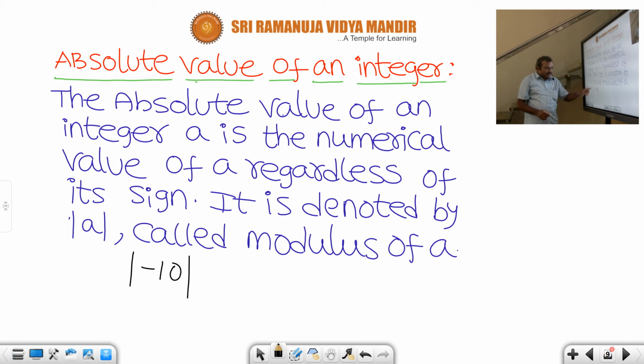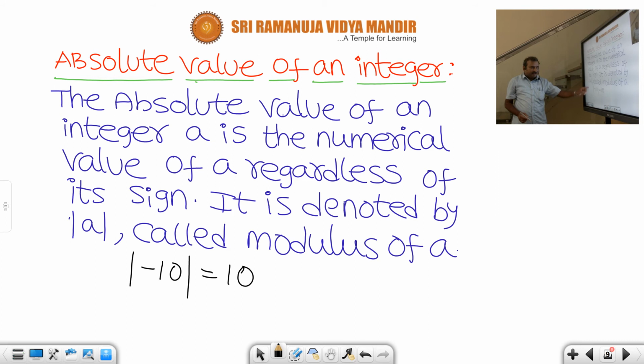This is called the absolute value of -10. Absolute value means you only take the numerical value regardless of its sign. It is denoted by the modulus of a number. So the modulus of -10 is simply +10. That is called the absolute value of -10.